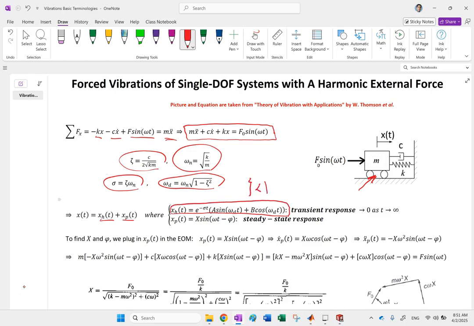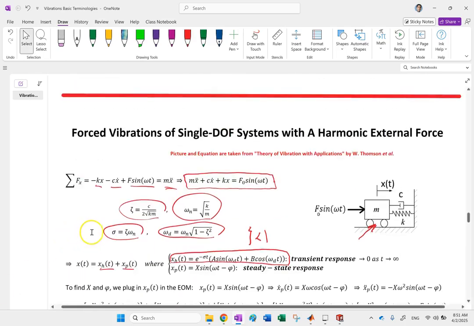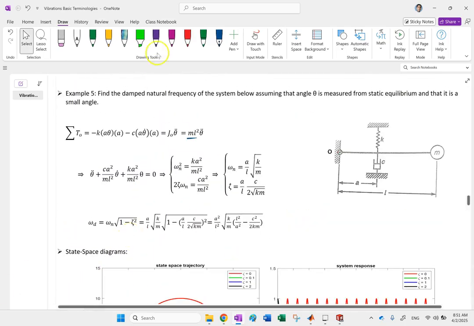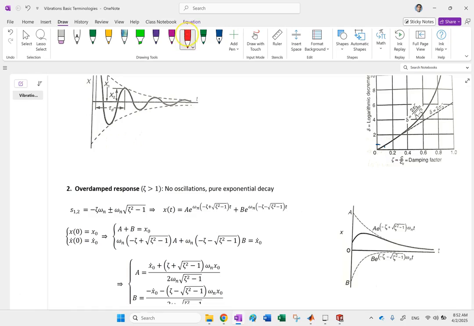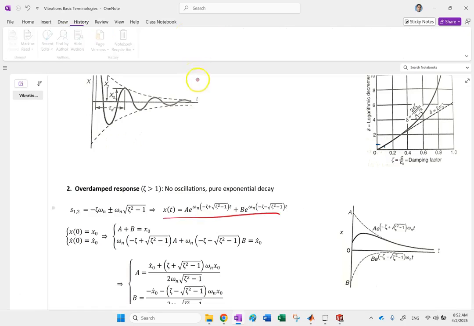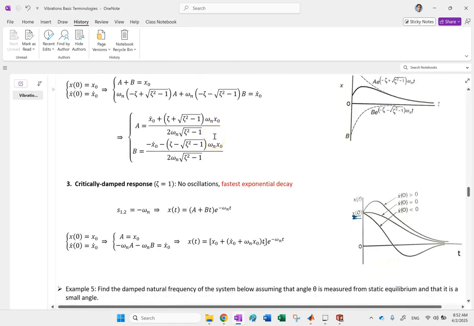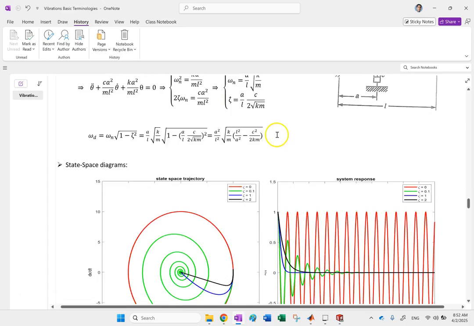If zeta is bigger than or equal to 1, then we have to use the solutions that I introduced in my previous lecture. Just go back and look at it. So this was for the overdamped response. And then for critically damped, this was the solution. Okay, so one of these will replace that x homogeneous.